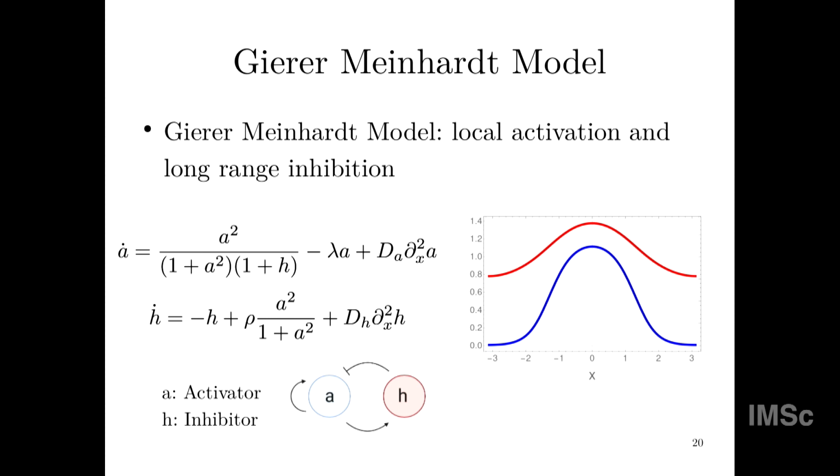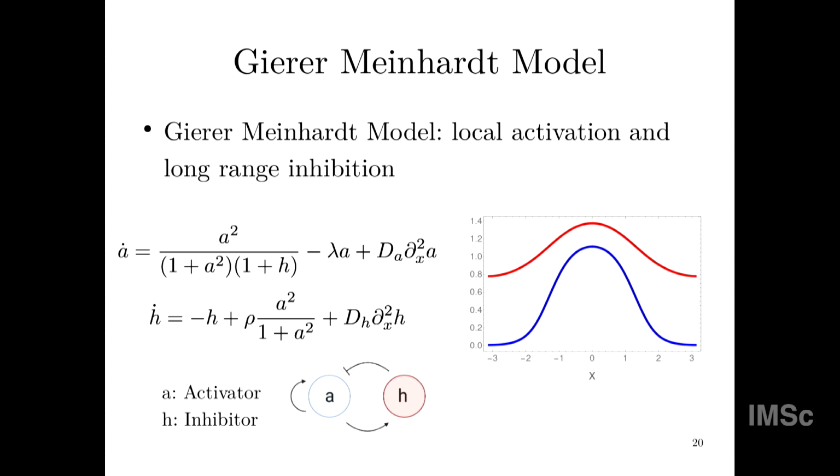And the reason this is interesting is because one of the problems with the Turing mechanism has been the difficulty of identifying molecular components which give you an activator-inhibitor kind of form. It turns out if you play with two components, there are very restrictive possibilities for what will give you Turing patterns. There are only two kinds of connections.